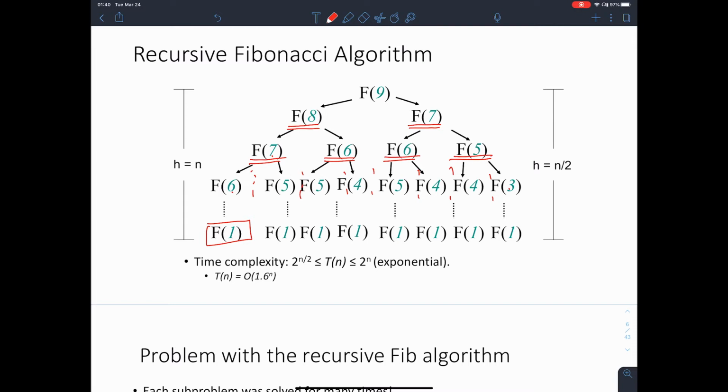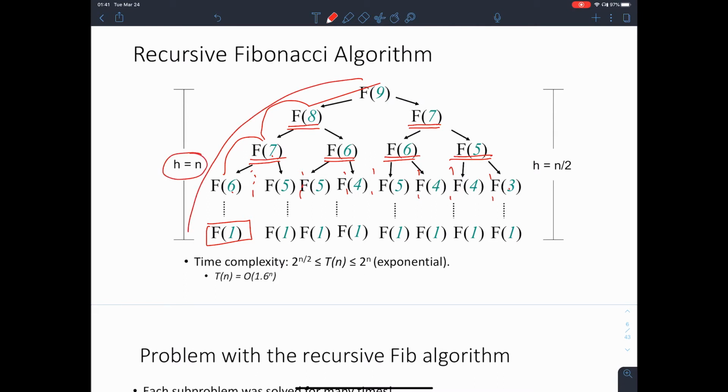On the left side, n starts at 9, then goes to 8, again goes to 7, then goes to 6, and at the end it will go to 1. That means on this side, the height of the tree will be n.